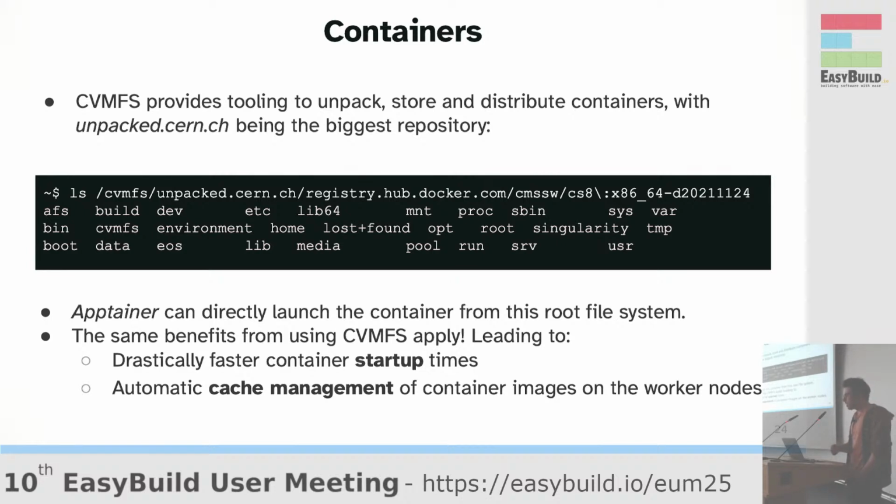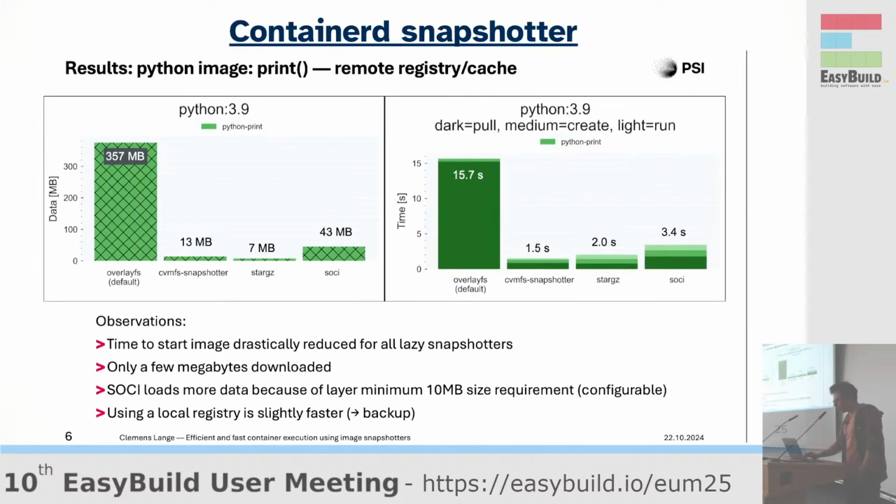What you can do is unpack the complete root file system on CVM-FS, and in the easiest use case, Apptainer allows you to run a container just from there, and then you get the lazy loading that I mentioned in the beginning. So you only download whatever you need for your workload, and you get cache management that also lets you be more efficient.